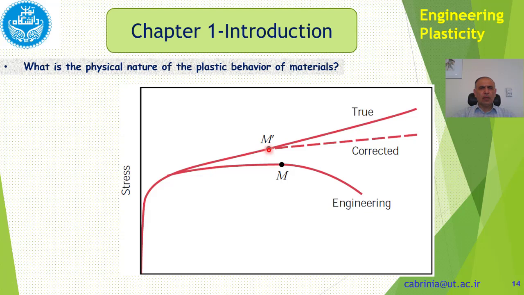Okay, so when the neck is formed, the area is not constant along the length, and this is the correction we make for that necking. How do we make this correction? I will give you a report on this which shows you how to calculate this. Okay, so we have talked about this stress strain curve here.